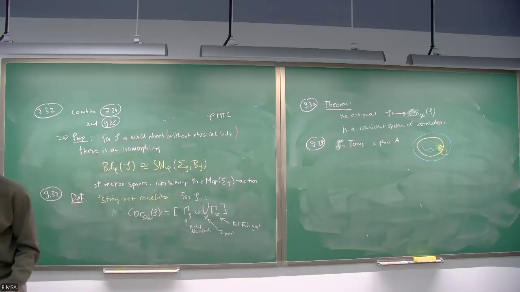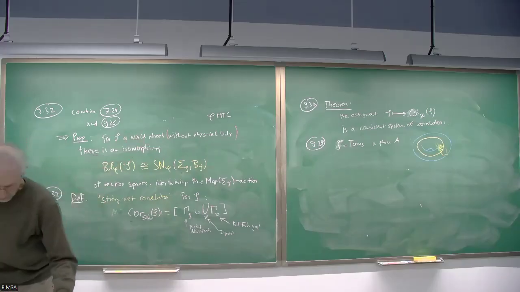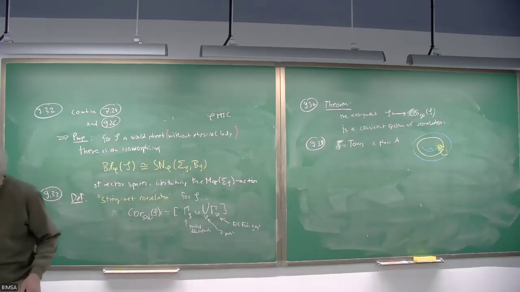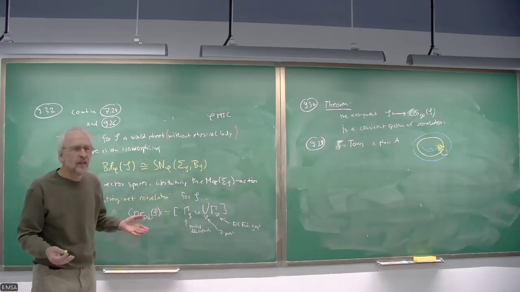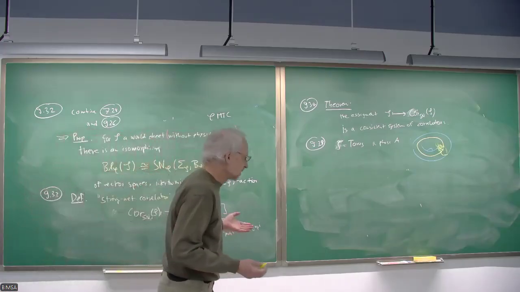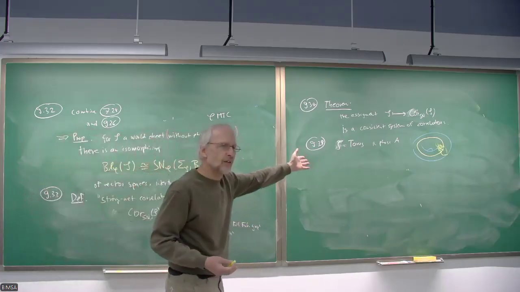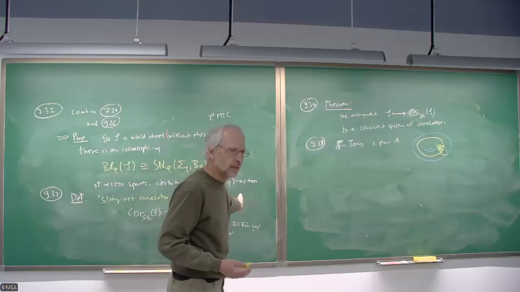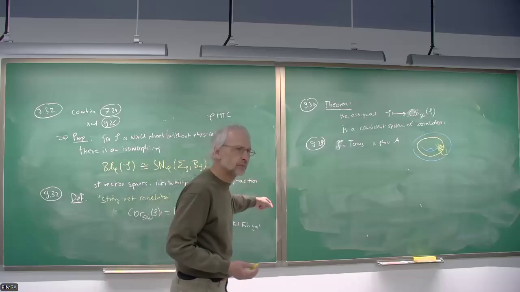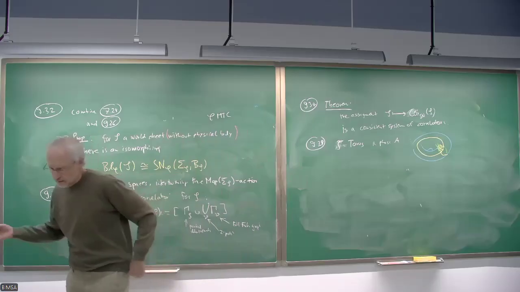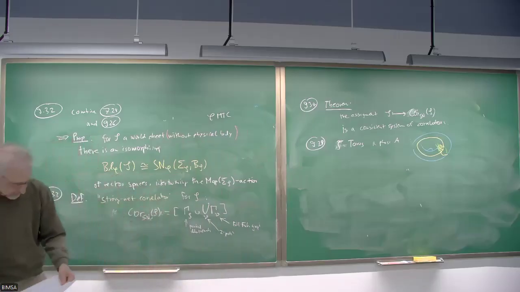And then you check that this indeed gives the same result as the other prescription, and since there should be only in the end one consistent system, you expect that this really gives the same thing, and in all examples you can check.